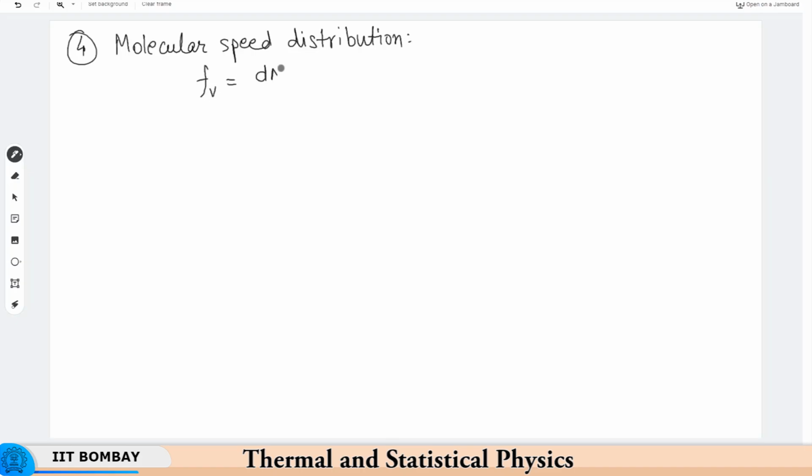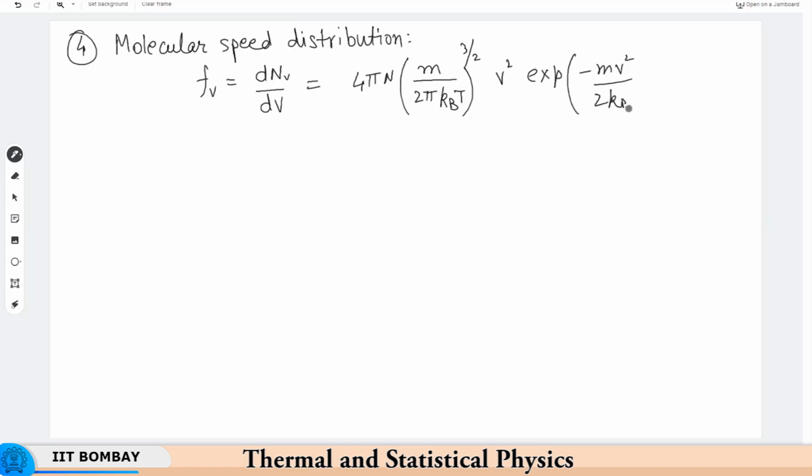We defined dn(v)/dv, where v is the velocity, as 4 pi n times (m divided by 2 pi kB T) raised to the power 3 by 2, times v squared, times exponential of minus mv squared by 2 kB T, and this is also known as the Maxwellian distribution of molecular speeds.